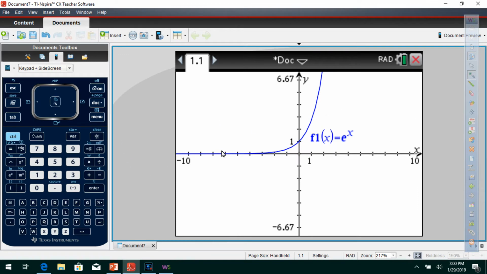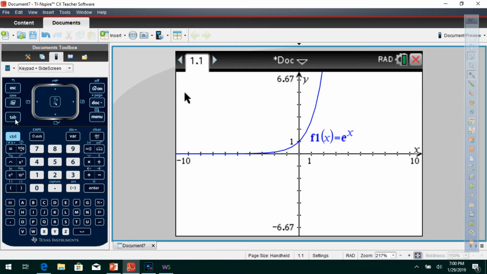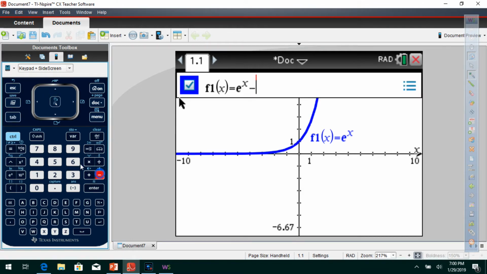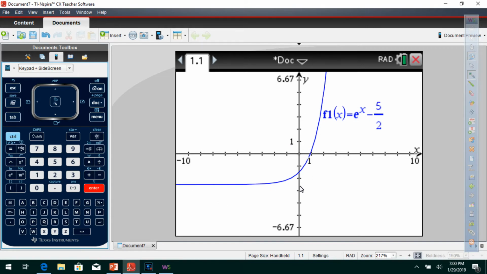Let's see here. So tab, get it off of that, tab, and we'll just put in minus control divide 5/2, and you can see it now here at 5/2.